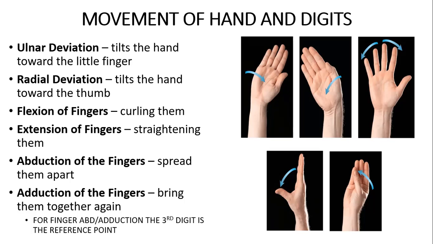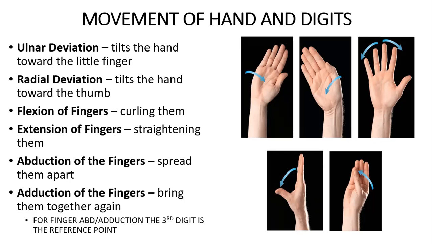Well, it looks like it's a transverse or horizontal plane motion, but it's not. If you put your hand down to your side in anatomic position with your palm facing forward and you perform radial and ulnar deviation, you will see it's actually a frontal plane motion.